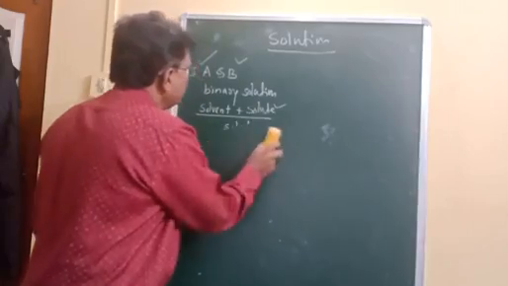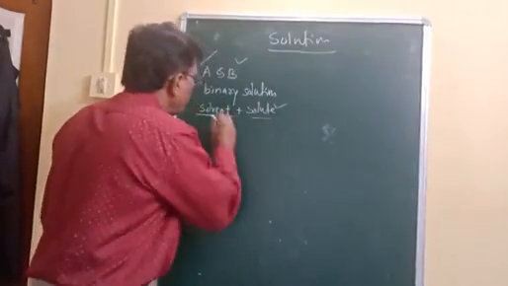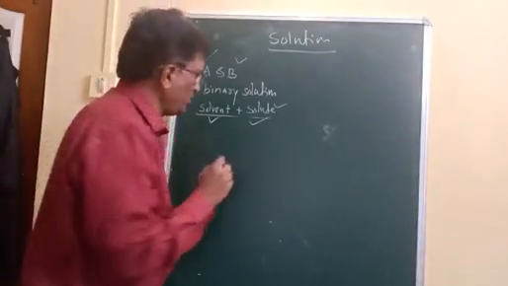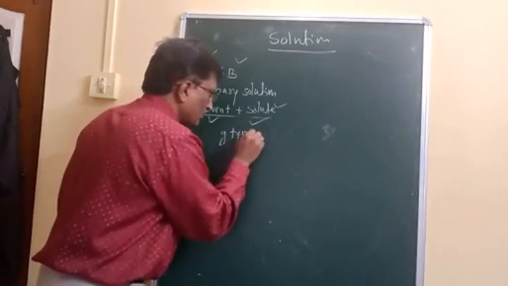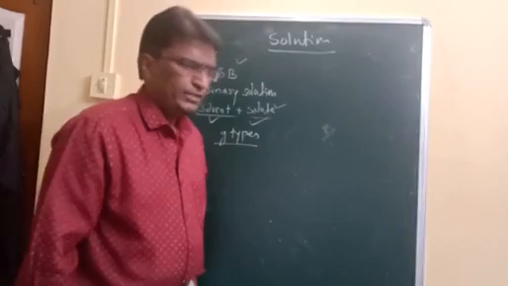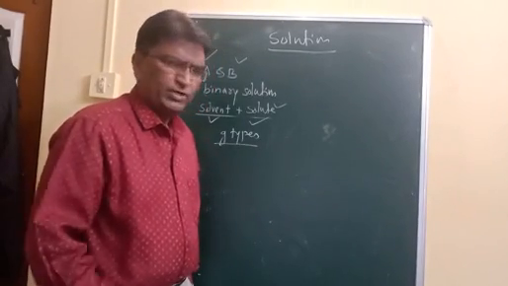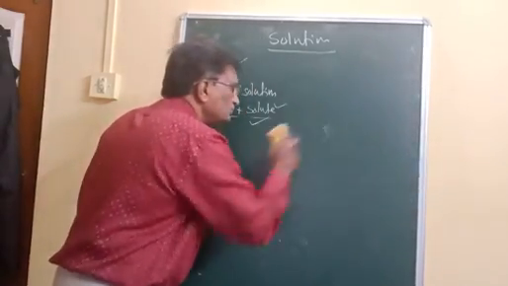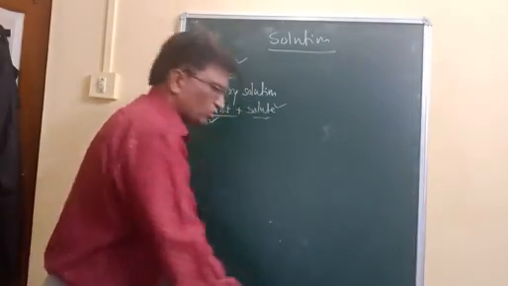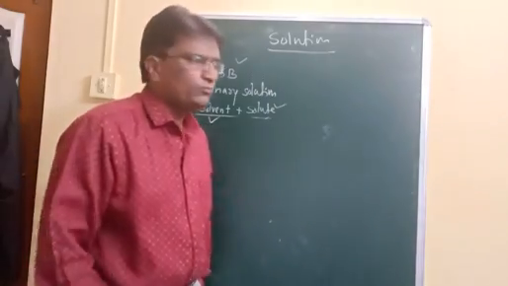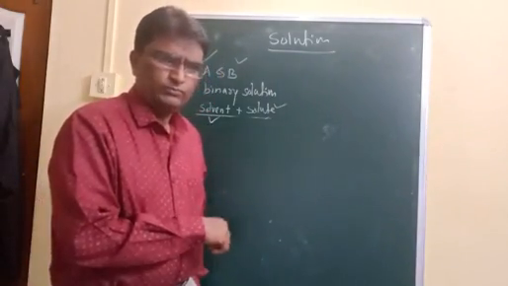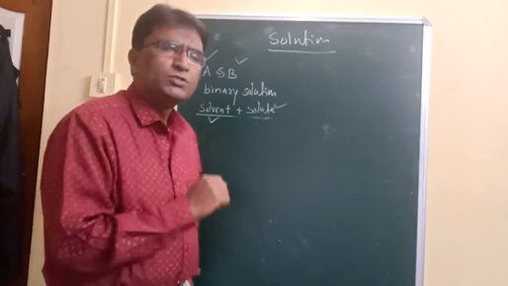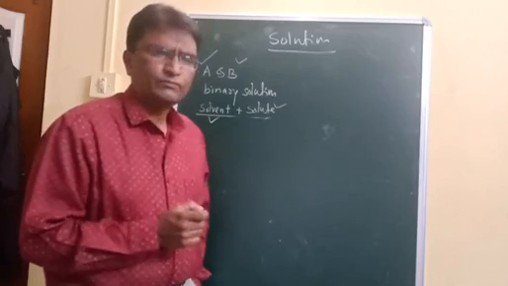Now depending upon the nature of solvent and solute, solutions are classified into 9 types. Different types are there: solution of gas in gas, solution of liquid in gas, solution of solid in gas, solution of liquid in liquid, solution of solid in liquid, and so on.